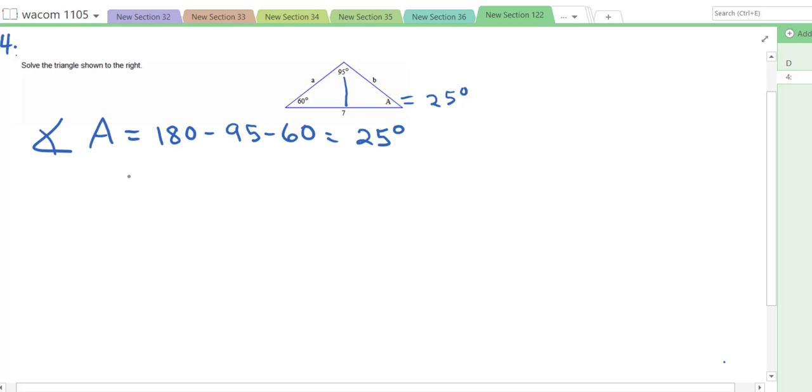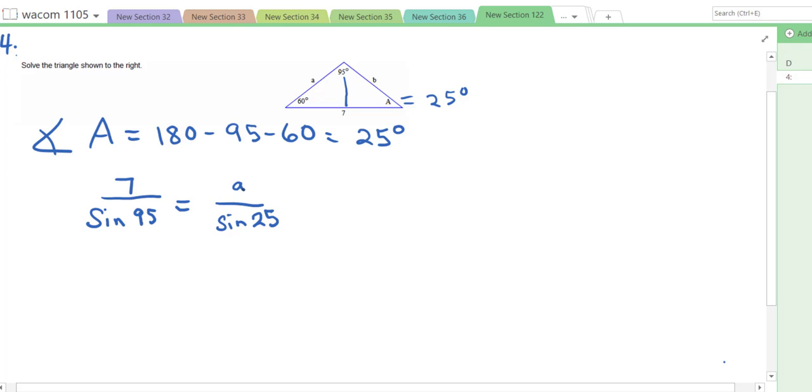So we will use our law of sines, so we'll use 7 over the sine of 95 equals a over the sine of 25, and we can solve for the small a.